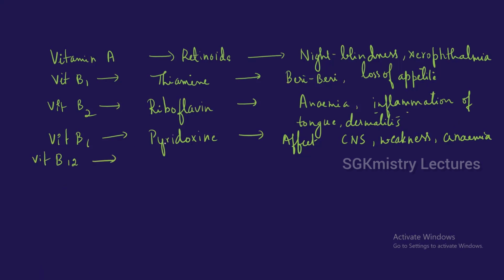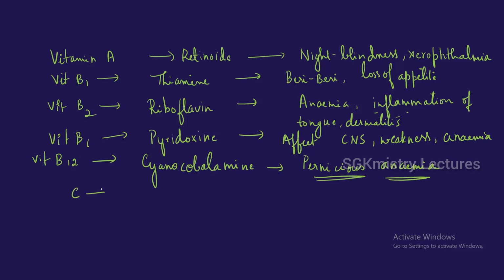Vitamin B12 is also called as cyanocobalamin. Cyanocobalamin, okay. So its deficiency, very important, it can lead to pernicious anemia. So this can be asked, the deficiency of which vitamin will lead to pernicious anemia, that is vitamin B12.